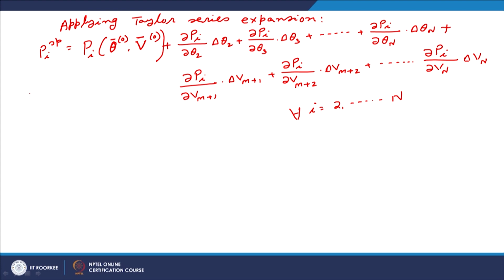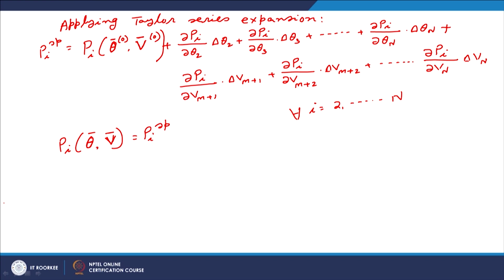Now, where does this equation come from? It comes from the fact that Pi, which is a function of vector theta and v, is equal to Pi specified.